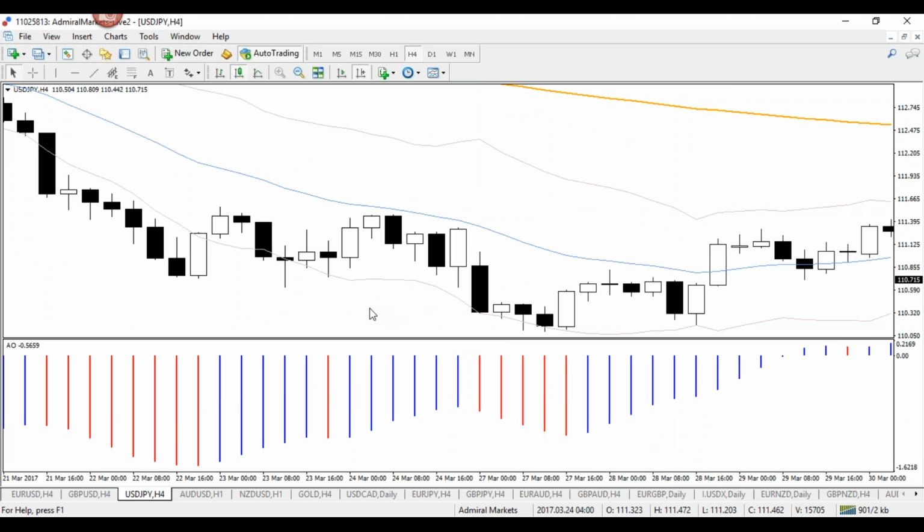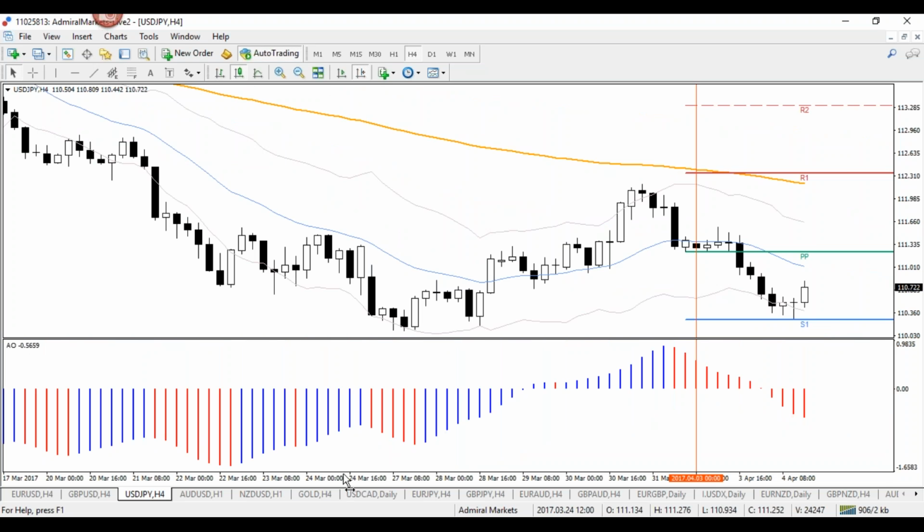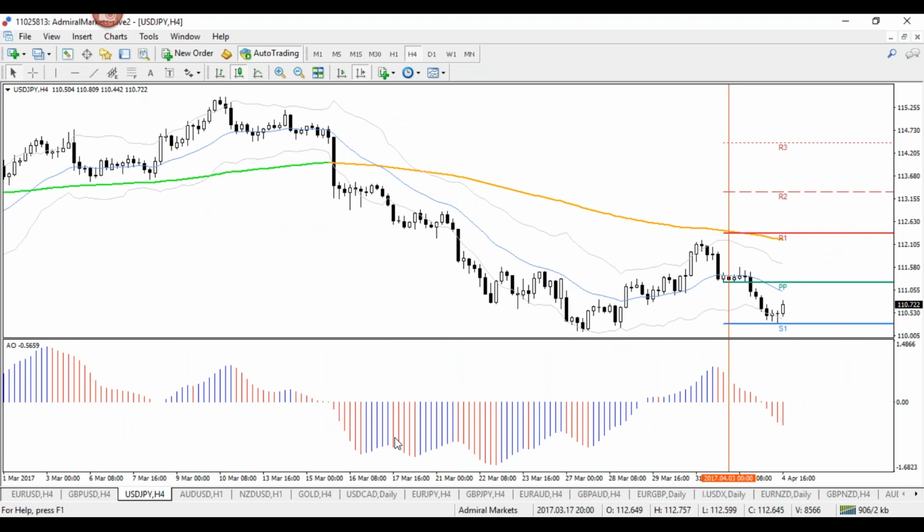All right. Now, don't get me wrong, these are not always turns and reversals. That's why it is good to estimate whether a reversal will indeed happen at that spot, because sometimes the push lower can be extended. For instance, here, when the pound dollar was falling, we had 1, 2, 3, 4 times a turn with the awesome oscillator.